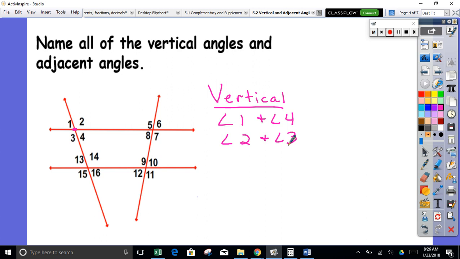Brayden, can you help him out? No? Okay, guys, I think you're still a little bit confused about this definition. Look, vertical angles share a vertex, but not a side. Adjacent angles share a vertex and a side.